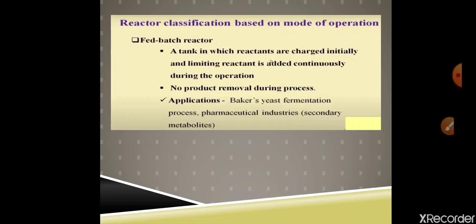In case of substrate inhibition, it is usually recommended that a fed batch reactor is preferable. It can be defined as a tank in which the reactants are charged initially, and the limiting reactant is added continuously during the operation. No product is removed during the process.